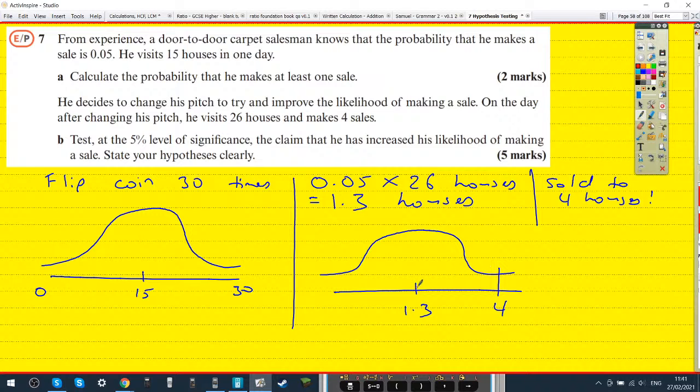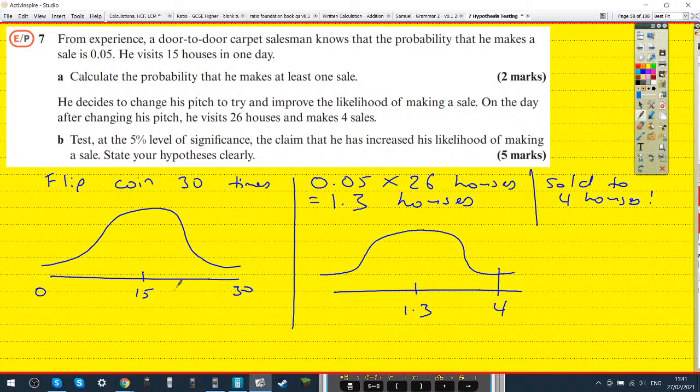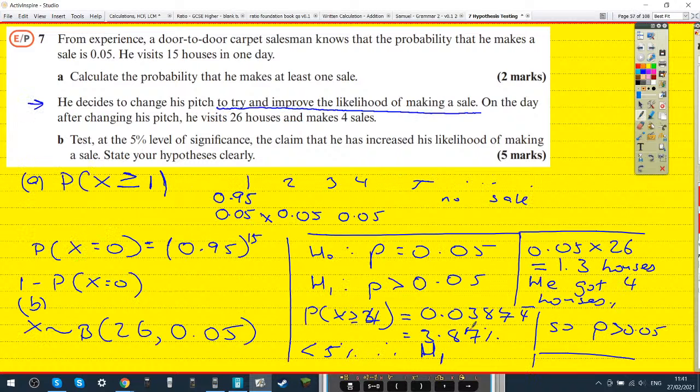It's very close to 1.3, but a coin is 50%, this is only 5%. 4 out of 26 with a 5% chance happens only 3.87% of the time randomly.